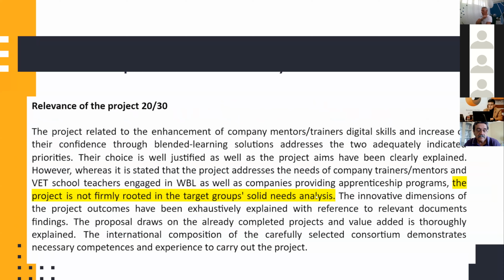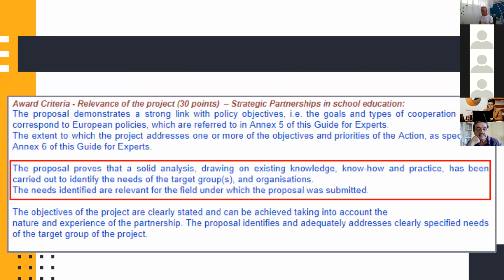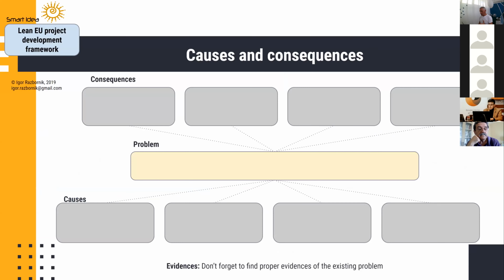So I prepared the complete project. I had everything ready, but my problem analysis was not done well. This is why I just started to write one application without really going into what the problem is.